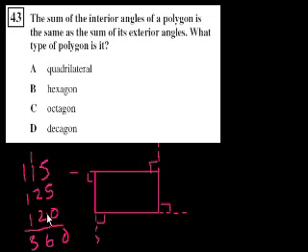So a good thing to know is that the sum of the exterior angles of any polygon with n sides is actually 360 degrees, and maybe we'll prove that in another video. But anyway, now that we know that, if they say that the sum of the interior angles of a polygon is the same as the sum of its exterior angles, this is the same as saying that the sum of the interior angles is equal to 360, because this is always going to be 360 degrees, no matter what the polygon is.